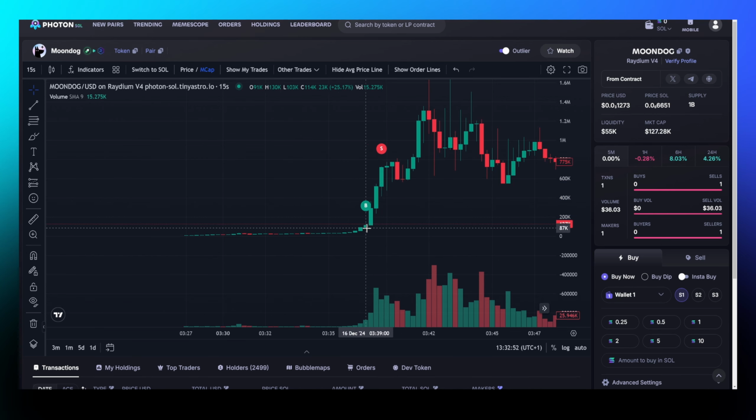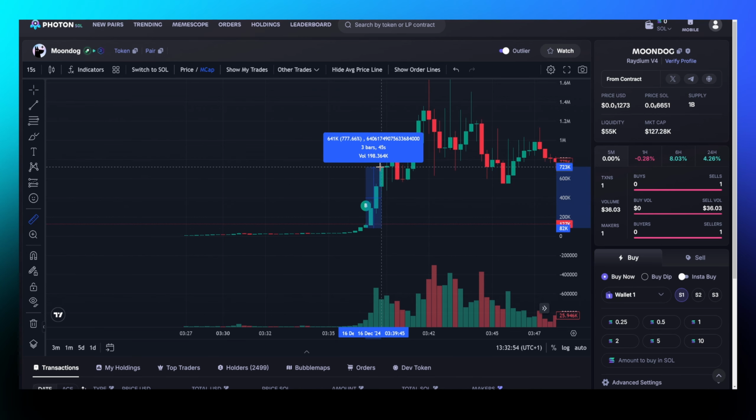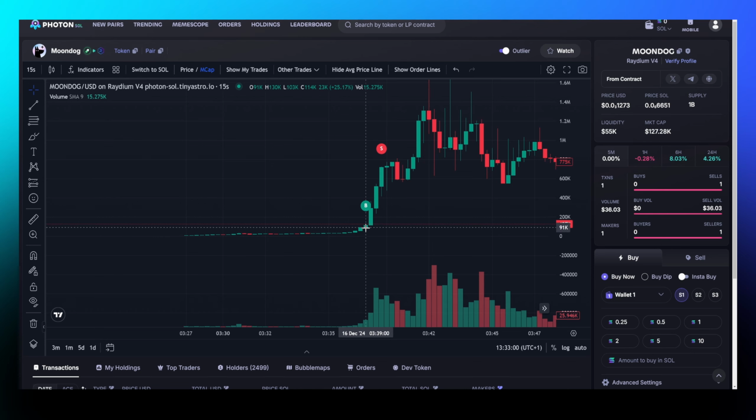Keep in mind that he bought around $90,000, and within 45 seconds it reached almost $1 million. Of course, this is around a 7x, and if you want to get in as early as possible, you either want to use the godly speed or you want to use the turbo. And I also highly recommend putting some extra tip on the buys, around 1 to 5% depending on your trading size.